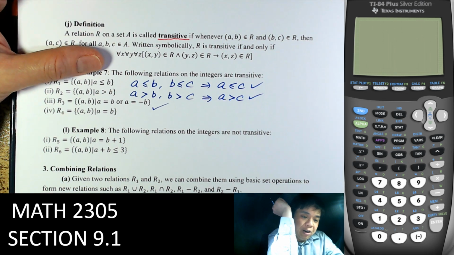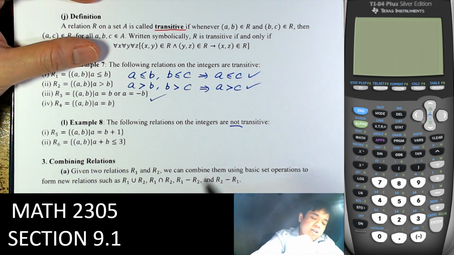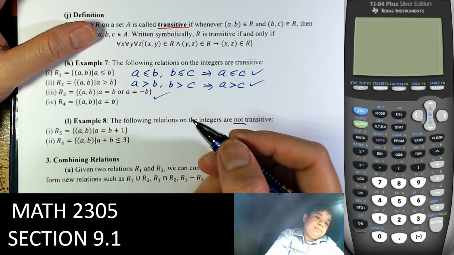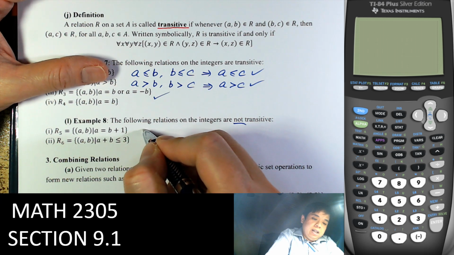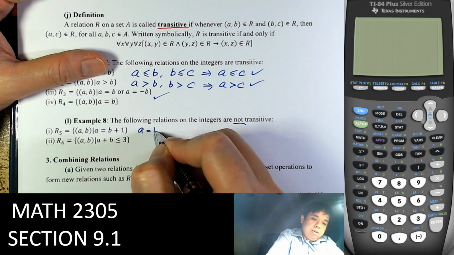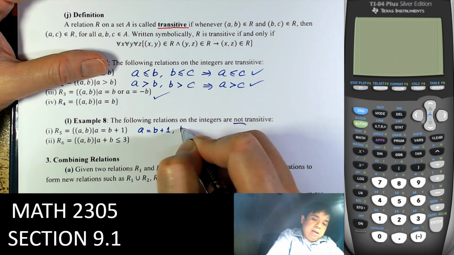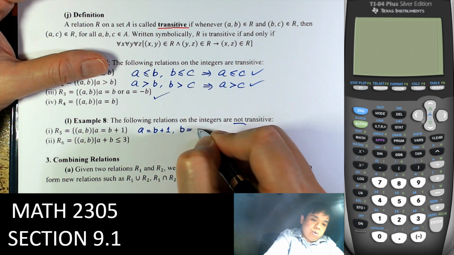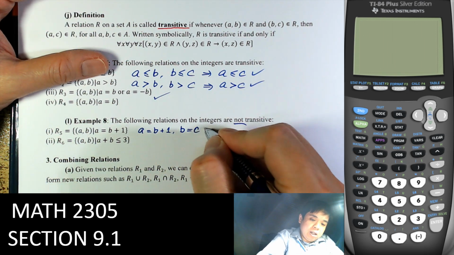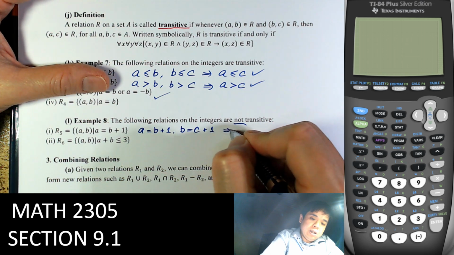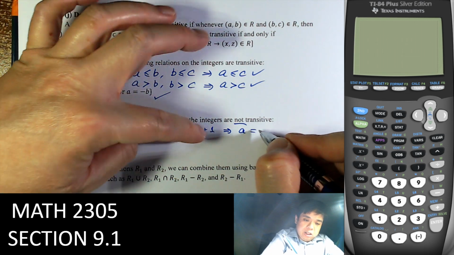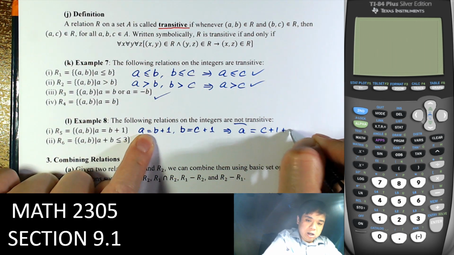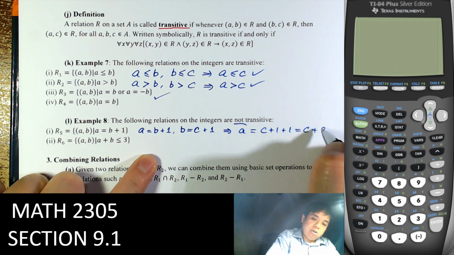Right. The following relations are not transitive. A equals B plus 1. If A equals B plus 1 and B equals C plus 1, so A equals C plus 1, substitute in B, C plus 1 plus 1, so C plus 2. So A and C are not related.